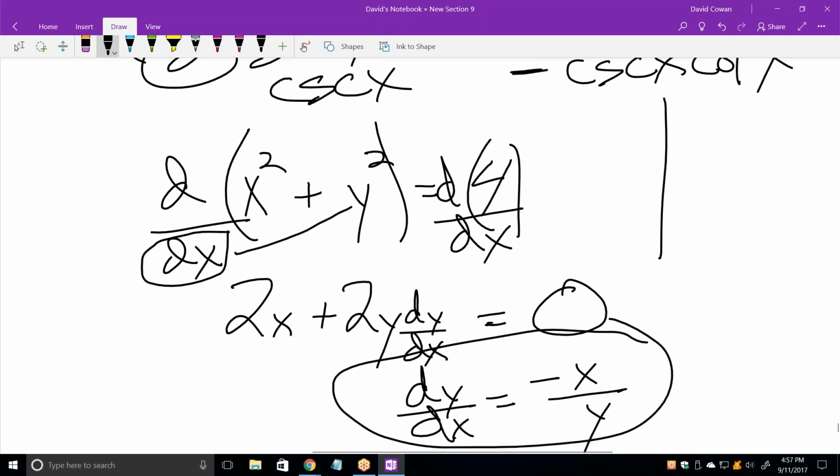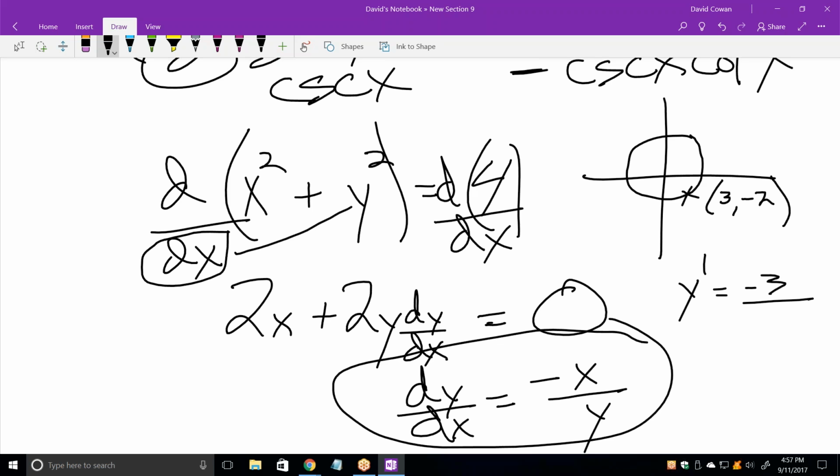In other words, if I had a circle and I want the slope at any point, let's say, what's the slope right there at 3, minus 2? Well, plug in 3 for x, plug in minus 2 for y, and that says that y prime, or dy/dx, is minus 3 over minus 2, or plus 3 halves.